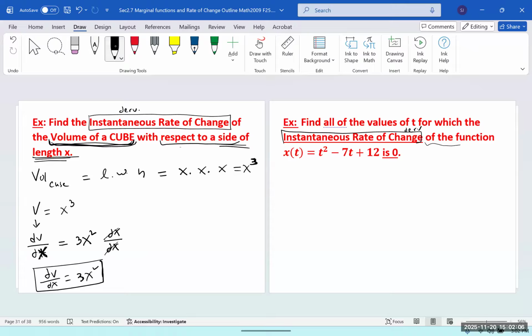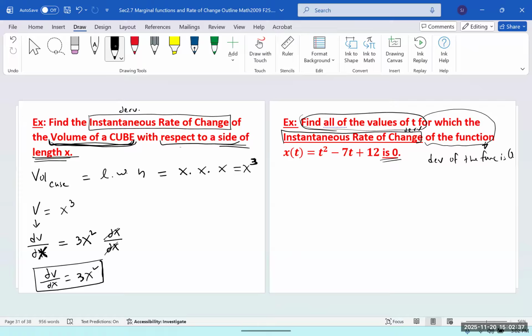So the derivative of the function is 0. This is the information they are telling us. Find all the values of t for which the derivative of the function is 0. So what do you have to find?